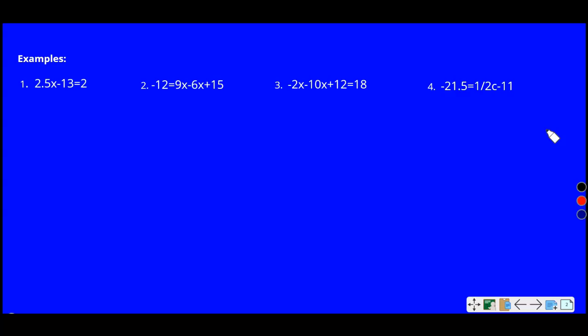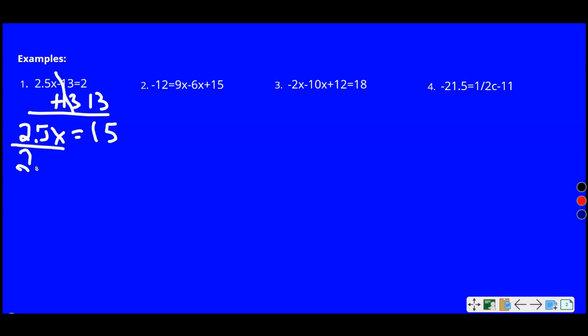But number 1, the first thing we're going to do is add 13 to both sides. So we're going to have 2.5x. The negative 13 and 13 cancel. 2 plus 13 is 15. Then we're going to divide both sides by 2.5.